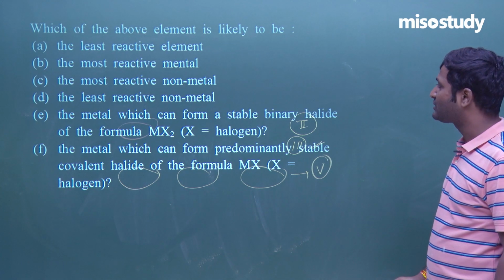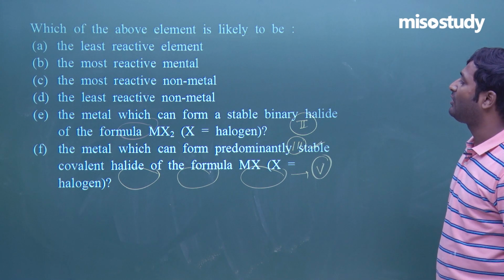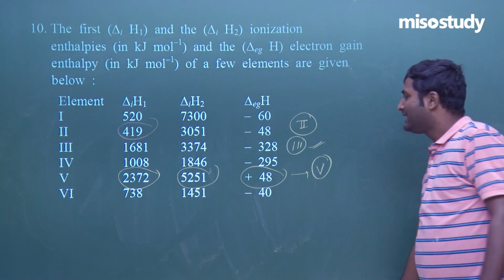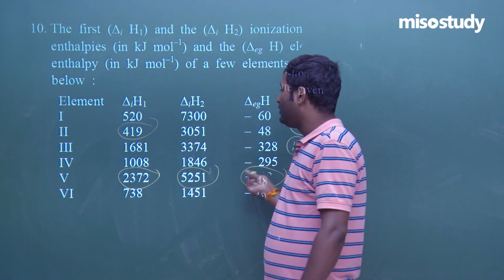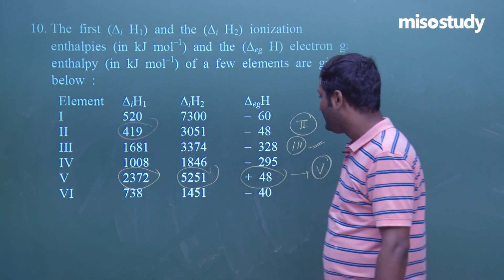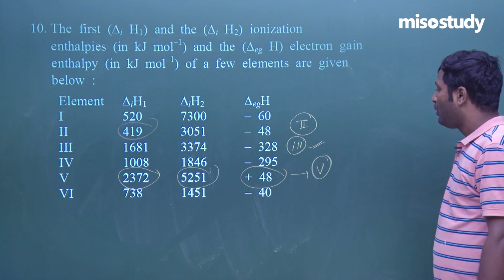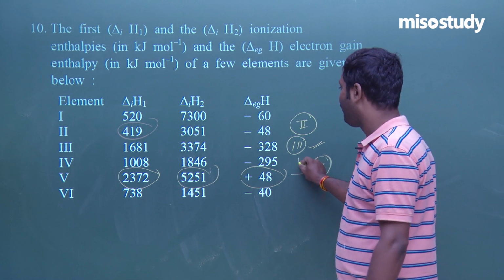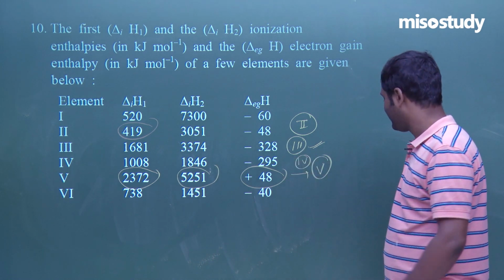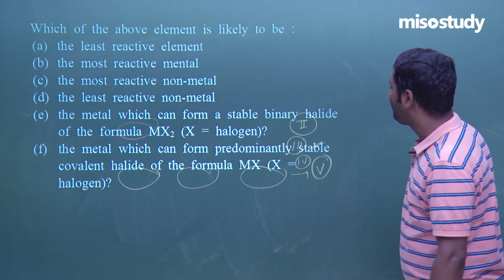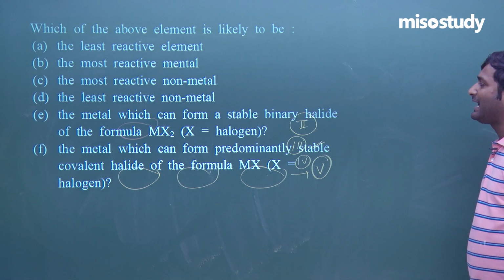Okay, now the next one is the least reactive non-metal. Now least reactive non-metal, tell me, that is it has negative value but high value of electron gain enthalpy. So we will say the fourth one is the answer. Clear? Now the metal which can form a stable binary halide.